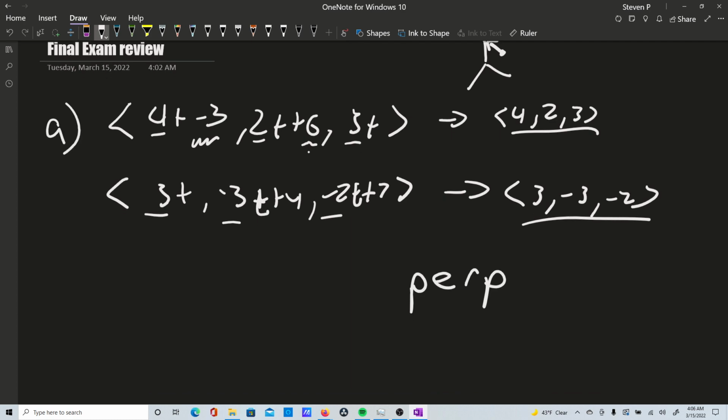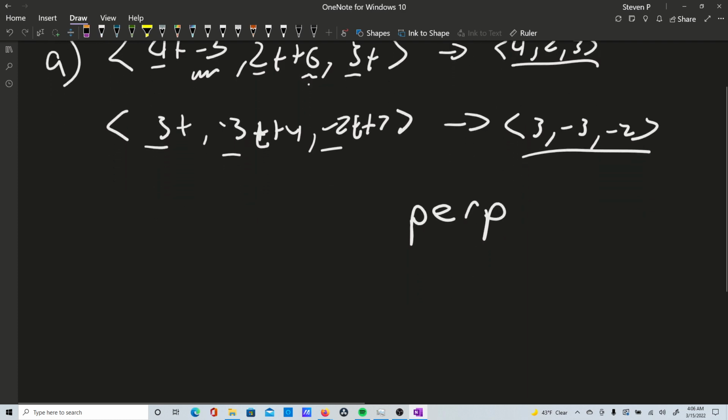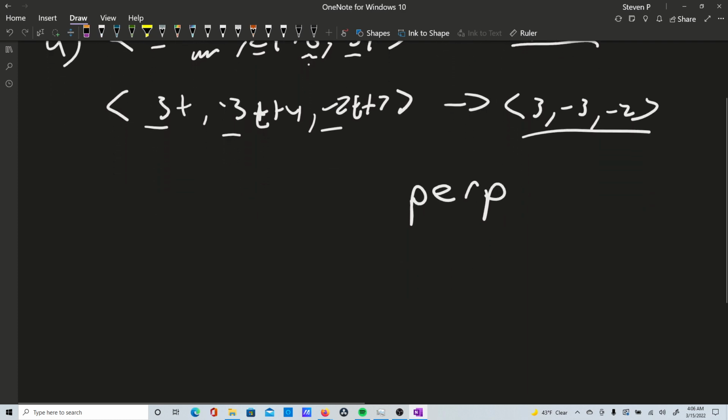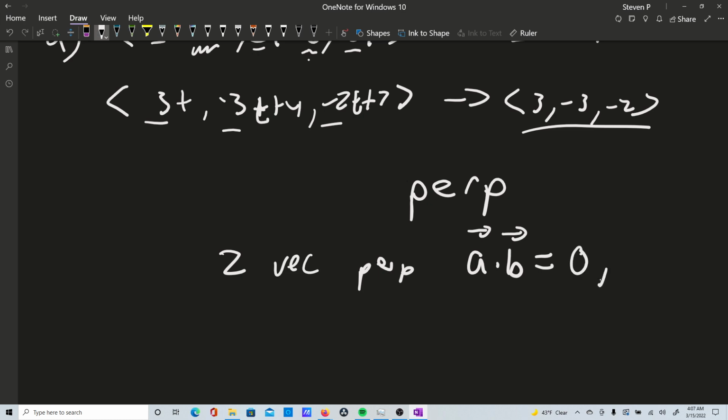And remember, actually, let me maybe draw a little diagram for you. Just as a quick reminder, for testing whether lines are parallel or perpendicular, two vectors A and B are perpendicular when their dot product is 0, or their cross product is maximal.